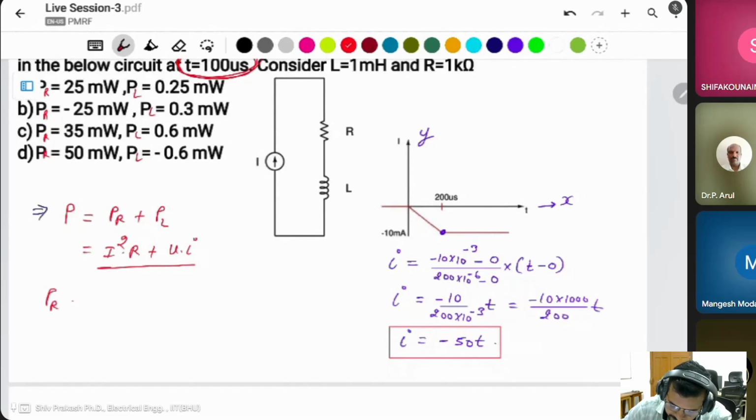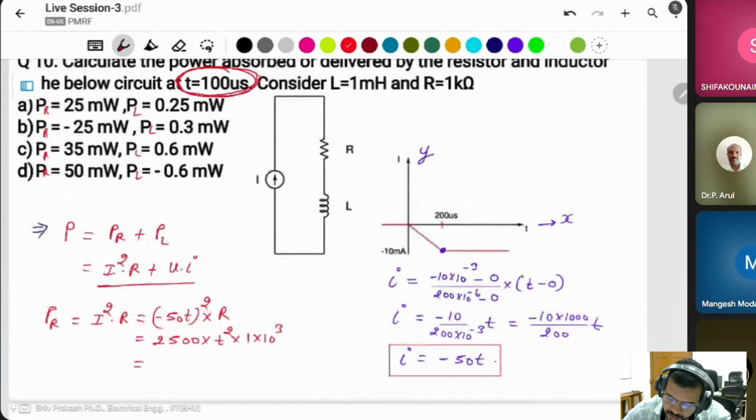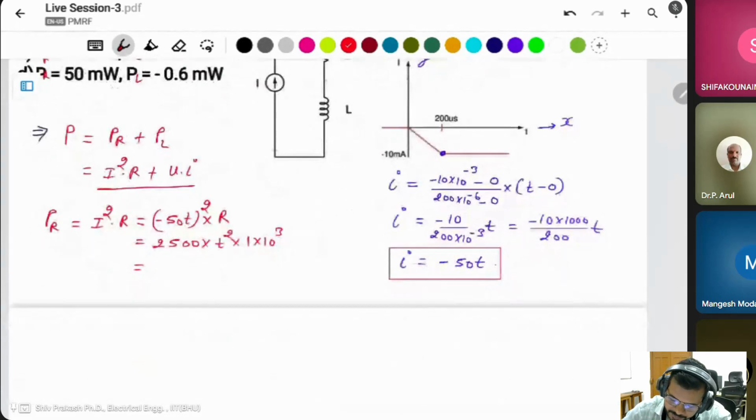Per resistor, I square into R. I is minus 50 t, square, into R. That is 2500 into t square into 1 kilo ohm. t is 100 microsecond, so 100 square into 100 into 100 into 10 to the power of minus 6 into 10 to the power of minus 6 into 10 to the power of 3.